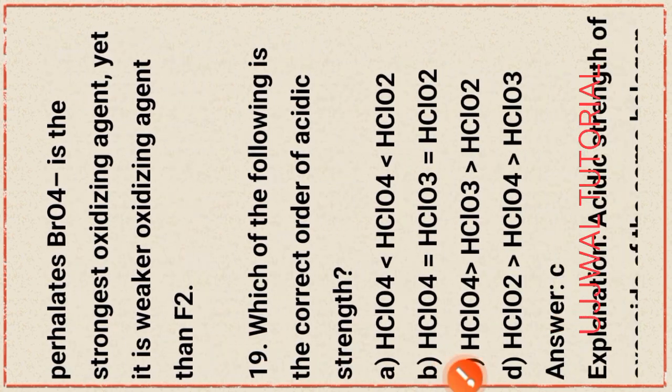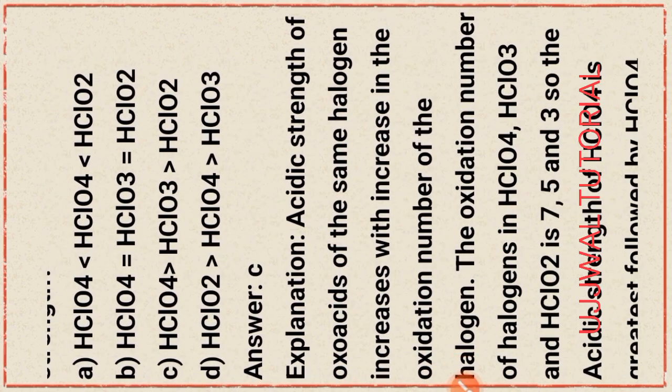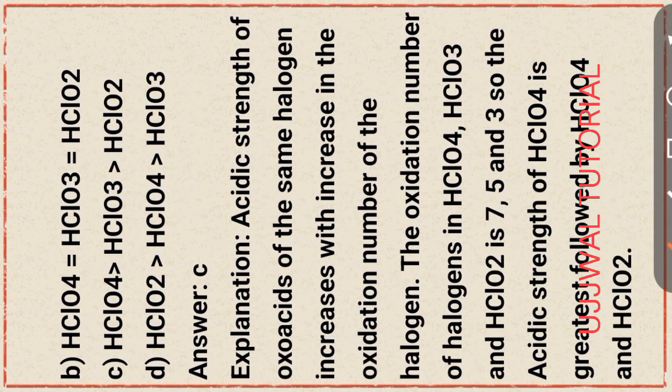Next question, question number 19. Which of the following is the correct order of acidic strength? Option C, the correct order is HClO4 greater than HClO3 greater than HClO2. Explanation, another way, is by the oxidation number. The acidic strength of oxo acids of the same halogen increases with increase in the oxidation number of the halogen.